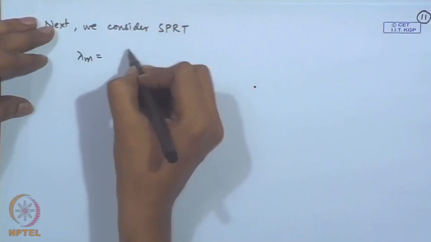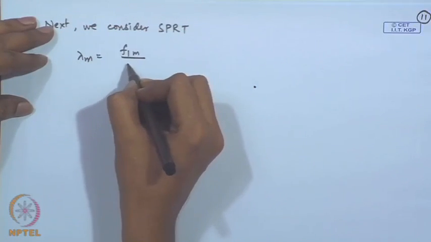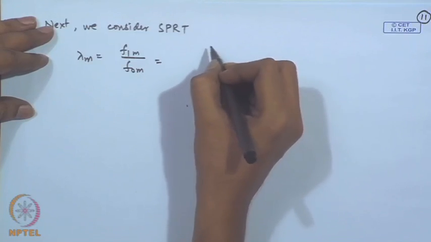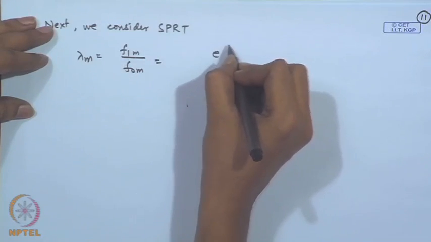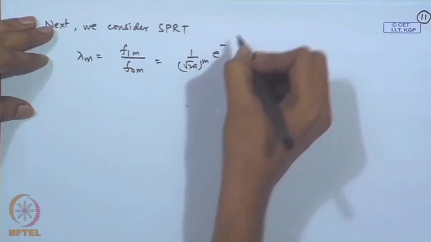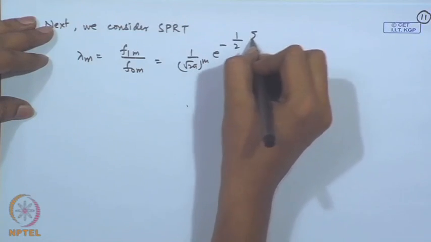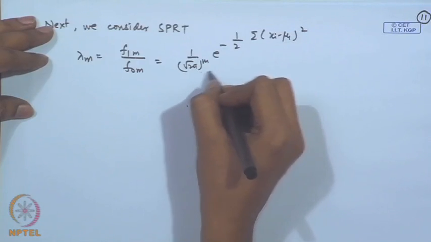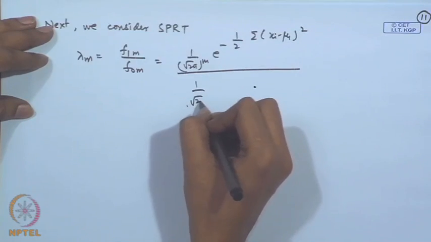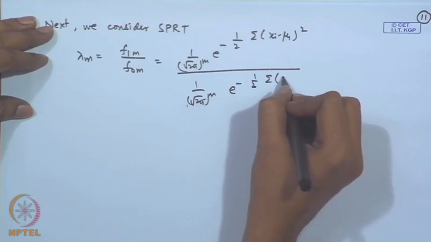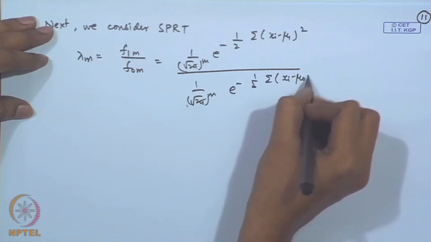So f 1 m by f 0 m is equal to e to the power 1 by root 2 pi to the power m, that will cancel out in the numerator and denominator, minus 1 by 2 sigma (x i minus mu 1) square, divided by 1 by root 2 pi to the power m e to the power minus 1 by 2 sigma (x i minus mu naught) square.